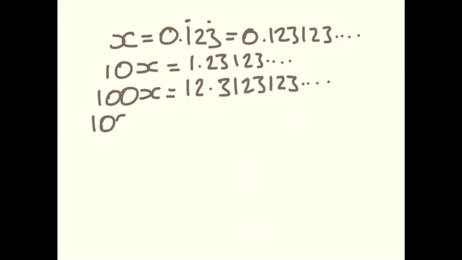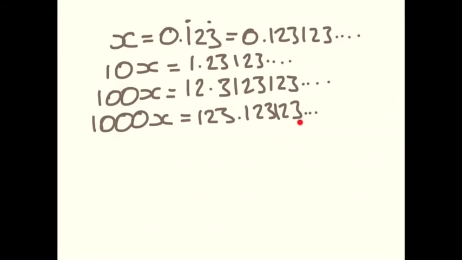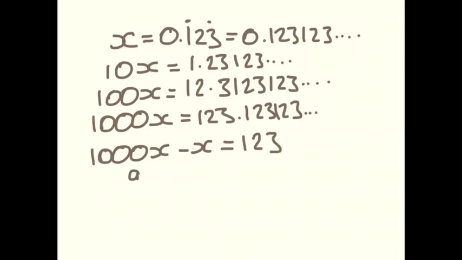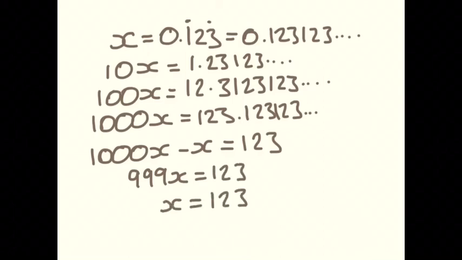But 1000x, so again just multiplying by a larger value here, it's going to give us 123.123. And now this decimal part finally is the same as that one, so we're going to be doing 1000x minus x is equal to 123. So here we've got 999x equals 123, and we get x equals 123 over 999.